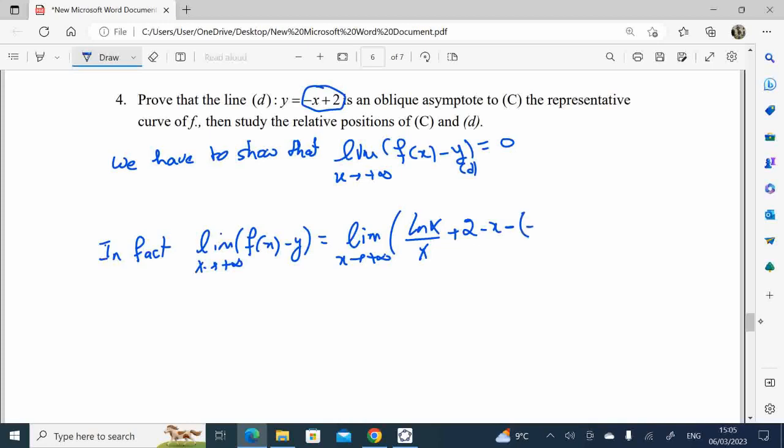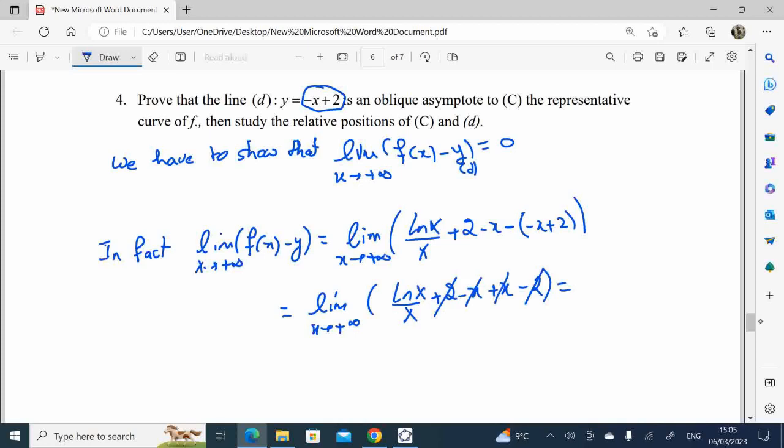So this is equal limit as x approach plus infinity of ln x over x plus 2 minus x, minus times minus, it's plus x minus 2. So plus 2 minus 2 cancelled, minus x plus x cancelled, so it's the limit as x approach plus infinity of ln x over x, which is, using the property of limit of ln, 0.